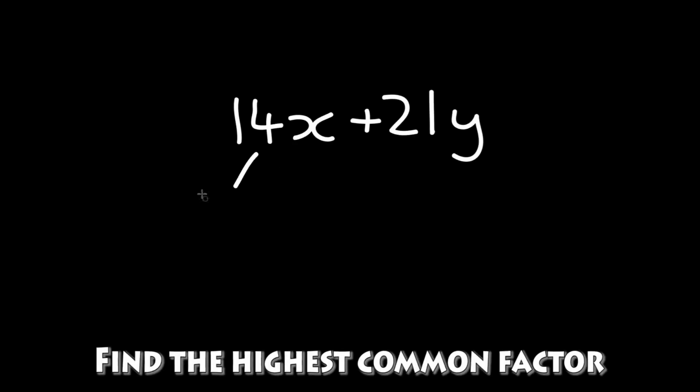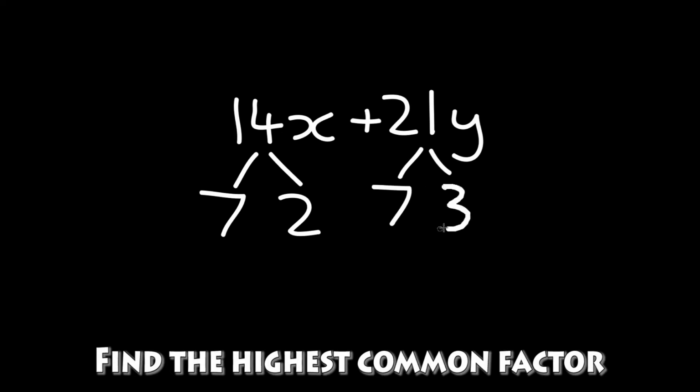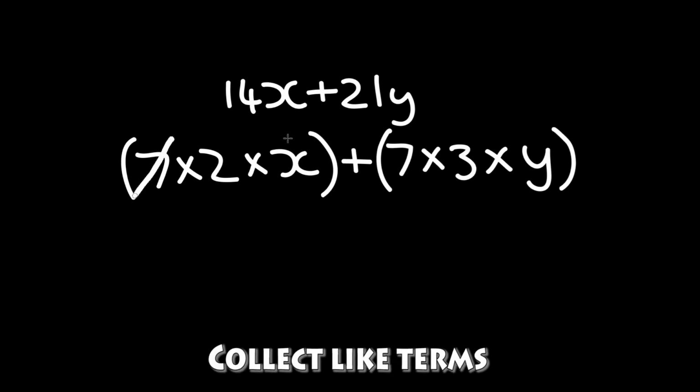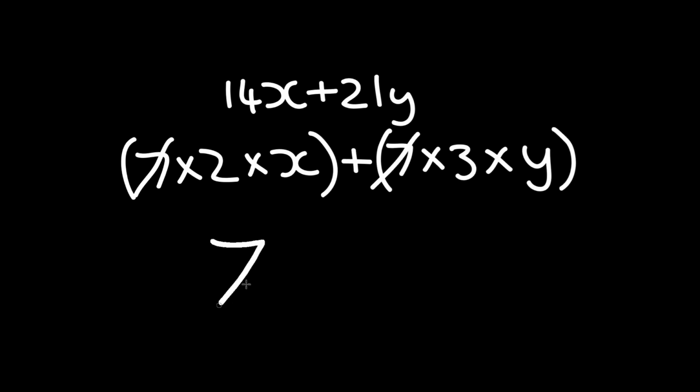Okay, let's try an expression with two variables this time. Same as before, we need to find the highest common factor first. 14 and 21 are both in the 7 times table, so 7 is going to be the highest common factor. We'll then rewrite the expression using two sets of brackets, like this, and then we'll collect the like terms. We can pair up the 7, so let's write the 7 down there.